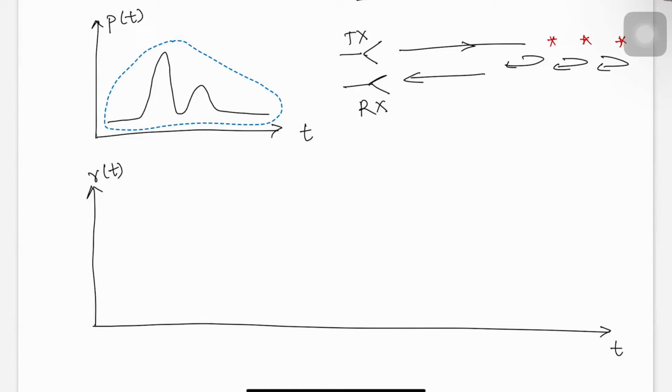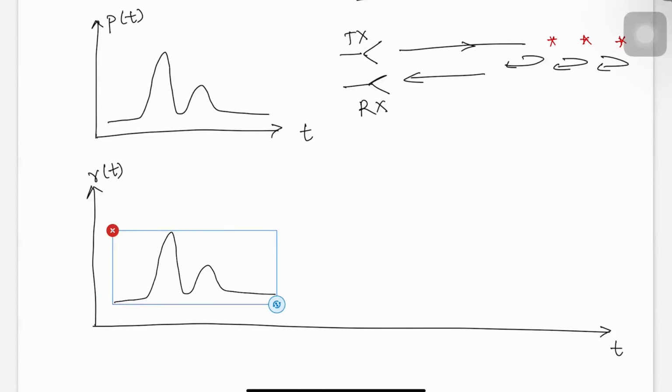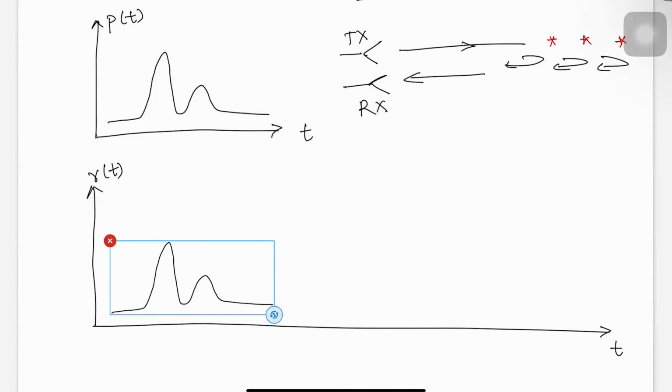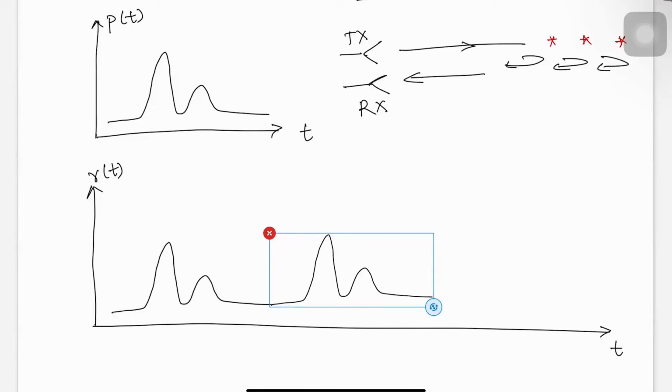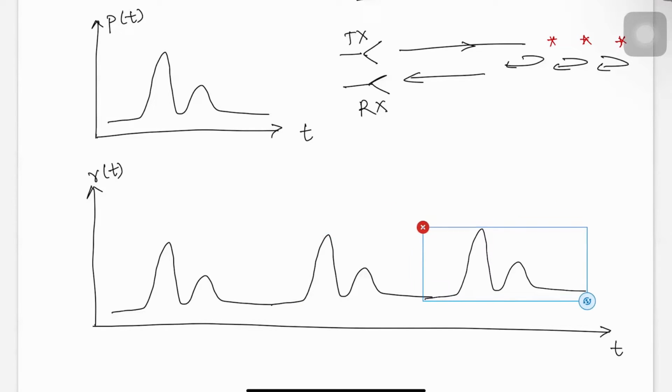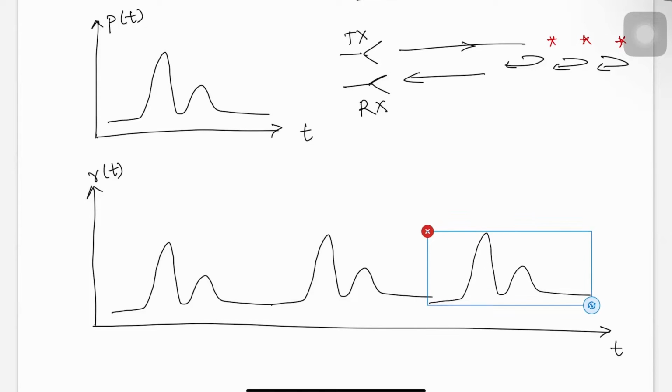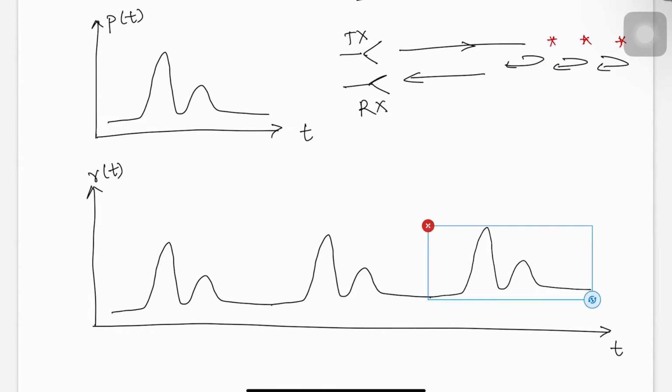Copy, paste. Let's say one of them here, then another one here, and another one somewhere here. So that's the received signal from three targets.